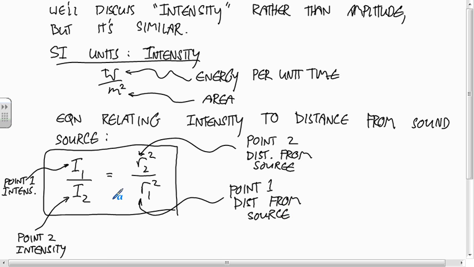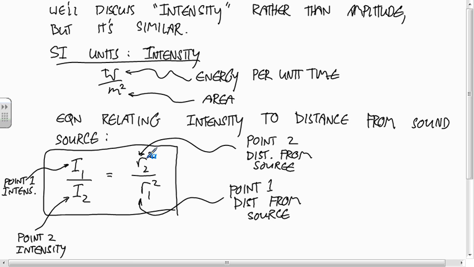So there's two important things about this equation. One is that you have squares on one side and not on the other side. So this isn't a linear relationship between the intensity and the distance from the source. Where does that squared come from? Loosely speaking, it comes from calculating the surface area of the sphere that I talked about. At any instant, the sound has reached some sphere because it's gone in every direction at the speed of sound.